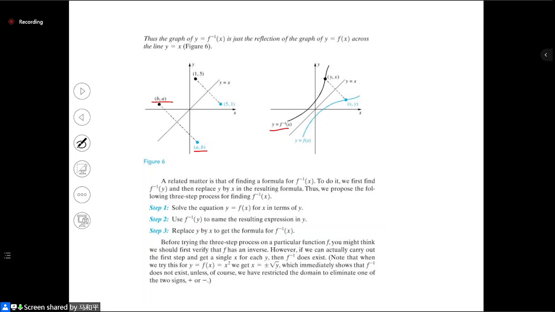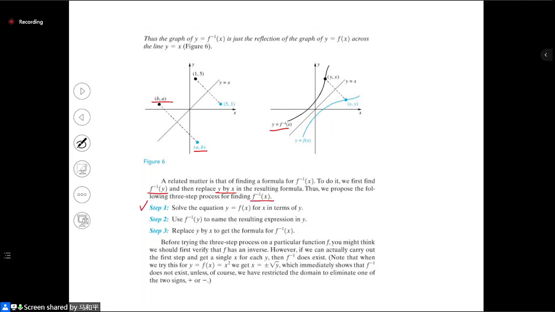And a related matter is finding a formula for f inverse x. We first should find f inverse y, which we already know how to do, and then replace y by x in the resulting formula. Thus, we propose the following 3-step process for finding f inverse x.